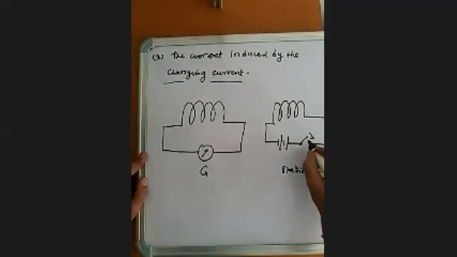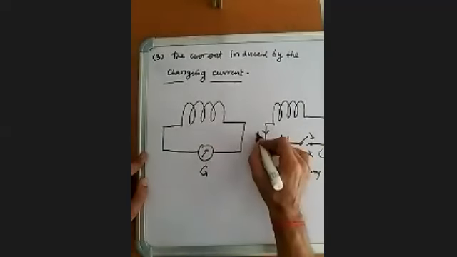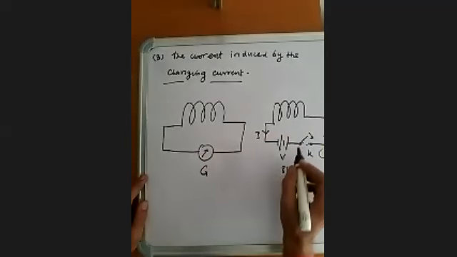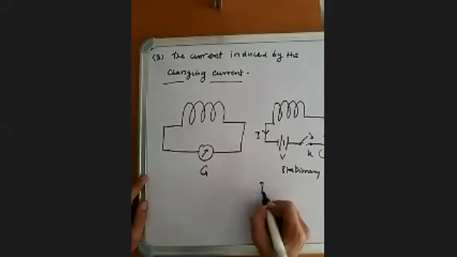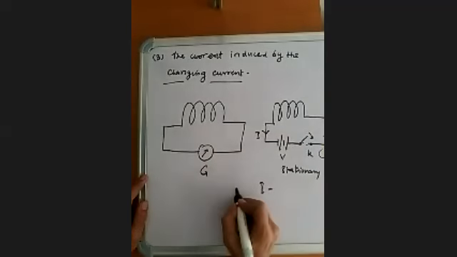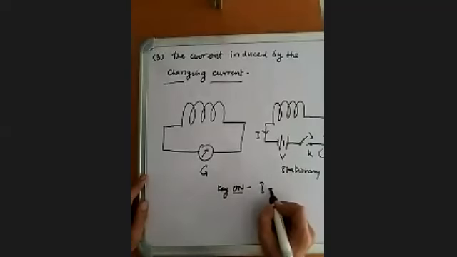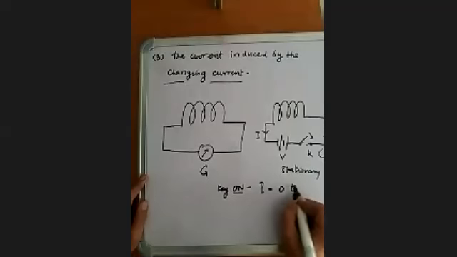When we press the key, the current starts flowing in this coil. When we switch on the key, the current goes from 0 to a maximum value, because the current initially is 0.